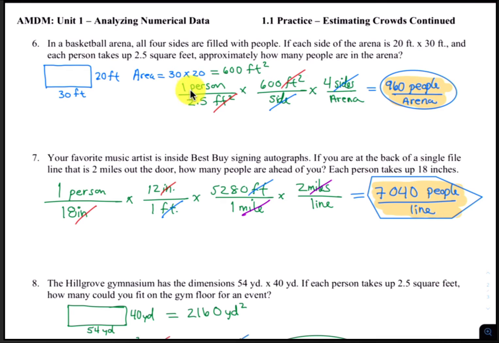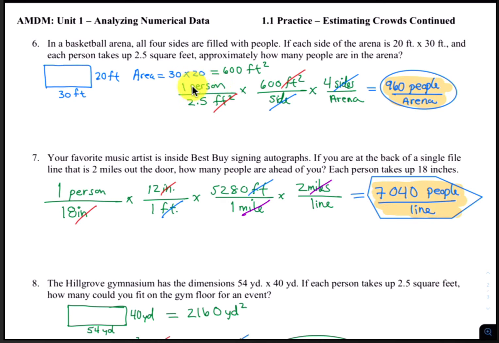Starting with one person taking up 2.5 square feet, because that's what was given there. One person takes up 2.5 square feet, and you multiply that by 600 square feet on one side. Then the feet squared cancel each other. Then you can multiply by the ratio that there are 4 sides in the entire arena, and the sides cancel with the sides.